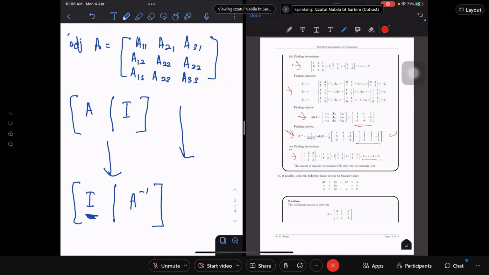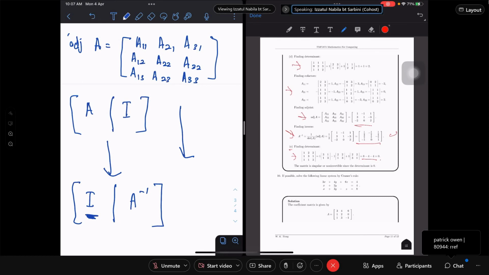And the second one is Gauss-Jordan elimination. Who still remembers, if Gaussian elimination, you reduce the matrix until what form? Until REF. How about Gauss-Jordan? RREF.